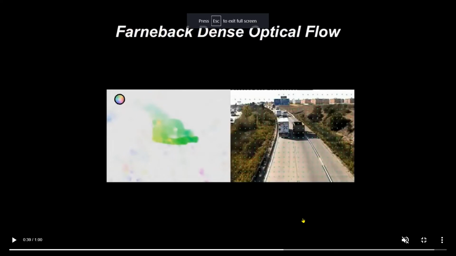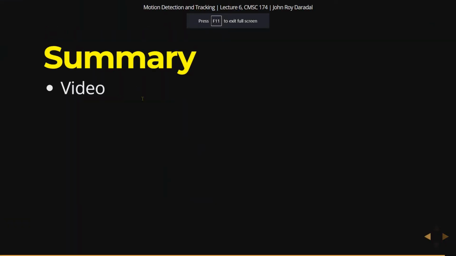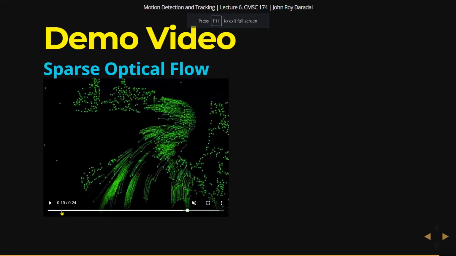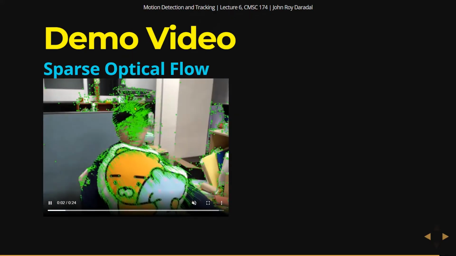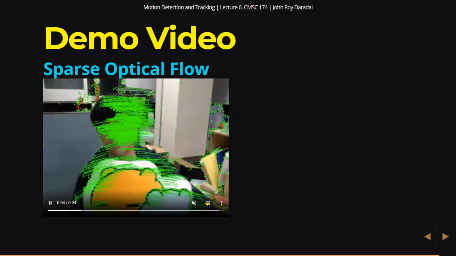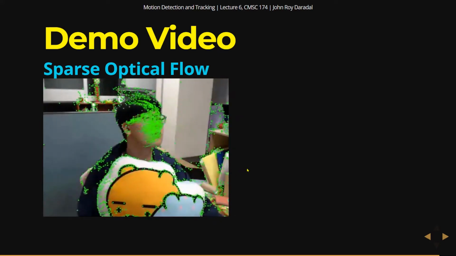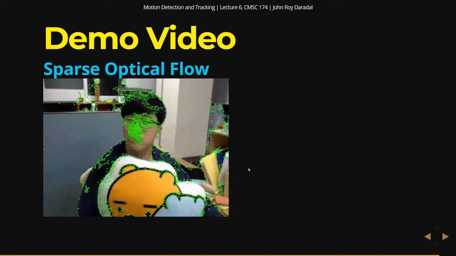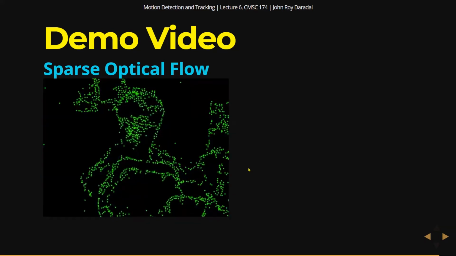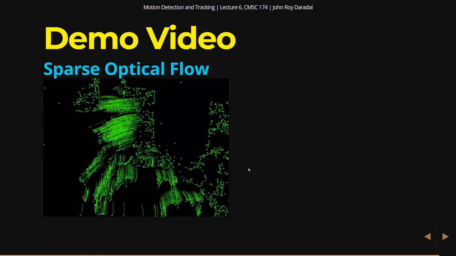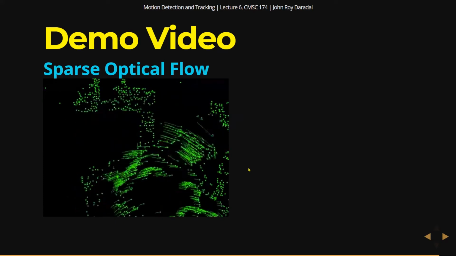Because in the dense one, it's not very dense because only some pixels are actually moving. But in sparse, it actually looks dense because of the number of features being detected. But anyway, that's the difference. For dense, you compute it for every pixel. For sparse, you locate feature points and only track those feature points.